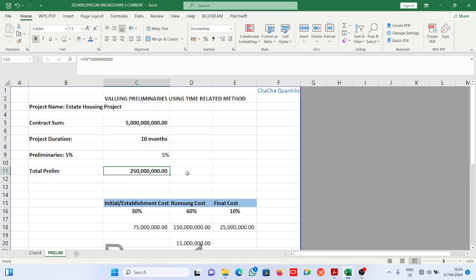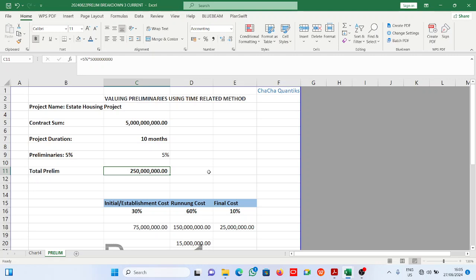Preliminaries generally is that aspect of construction works that is not directly or particularly related to any component, any work section or any element of the works, but they play a very vital role in the successful execution of any construction project. Take for instance, in this case the estate housing project, I'll be needing a site office through which I'll be carrying out my works on site.